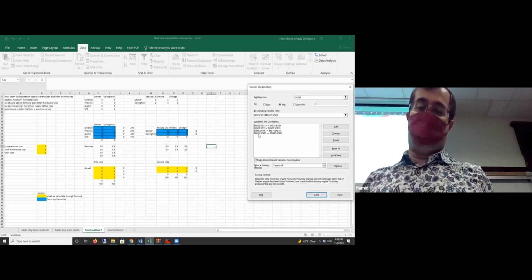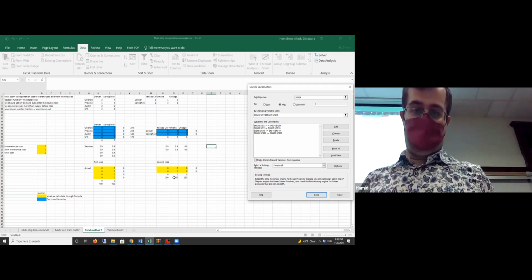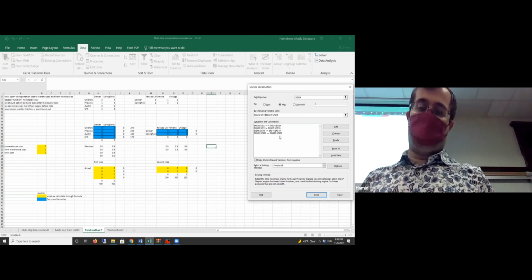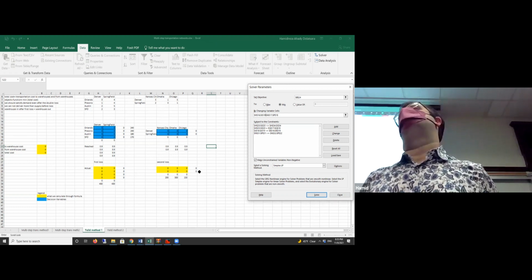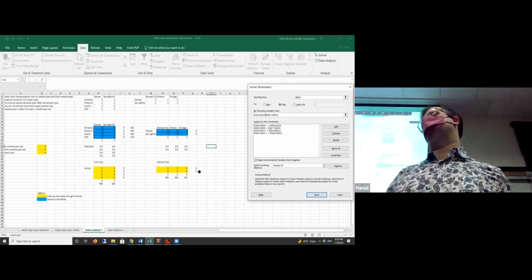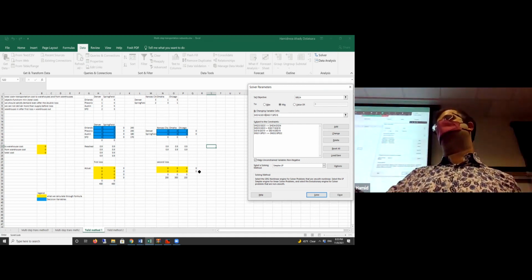And the last one, N31, P31 greater than or equal to N32, P32. So whatever gets to the demand point should be more than my demand. I want to provide that demand.